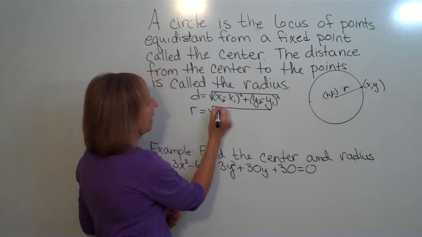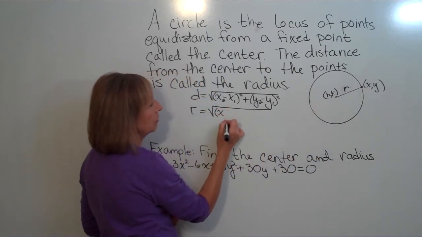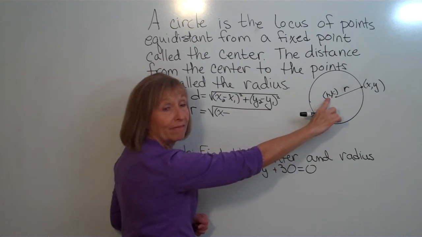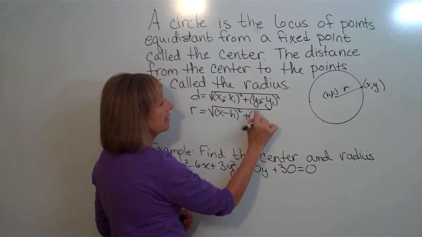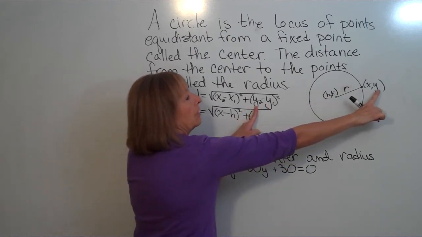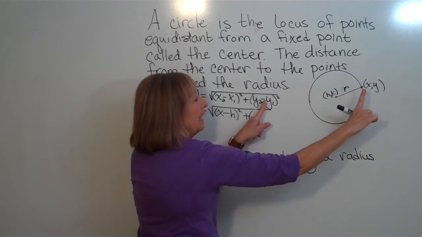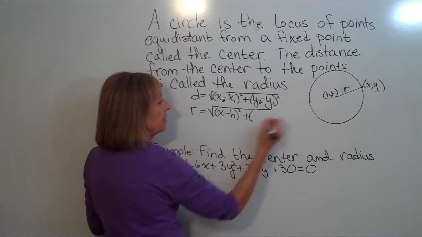So for my x sub 2, it's just the x coordinate of the point on the circle, x, minus my x sub 1, which is the x coordinate of the center, h, quantity squared, plus the y coordinate of the point on the circle, y, minus our k coordinate from our center, quantity squared.